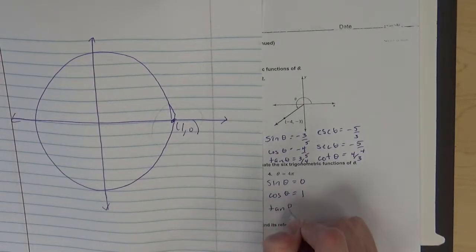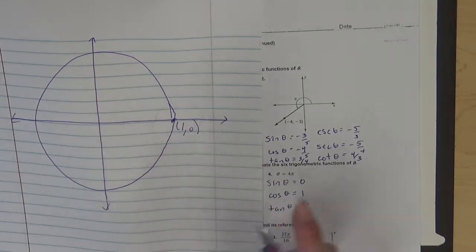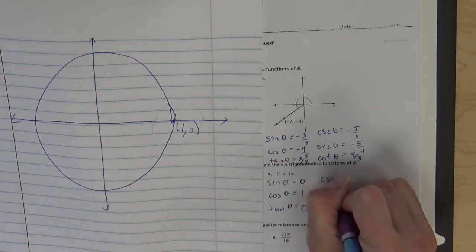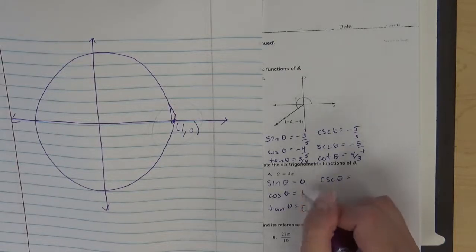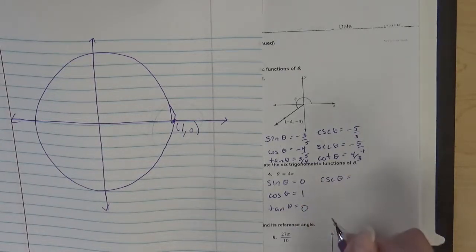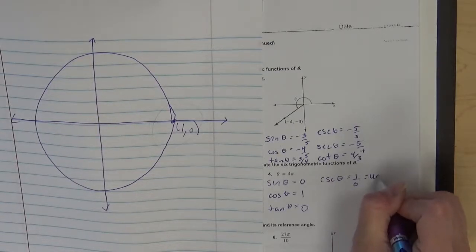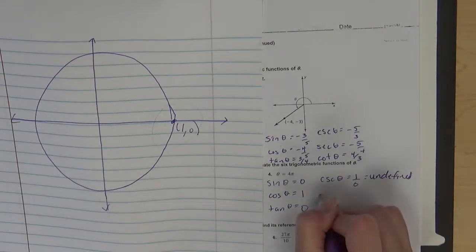Tan theta is y divided by x, so 0 divided by 1, and that's 0. Cosecant theta is the reciprocal of 0 over 1. So sine was 0 over 1, cosecant is 1 over 0, and that is undefined because 0 is in the denominator.